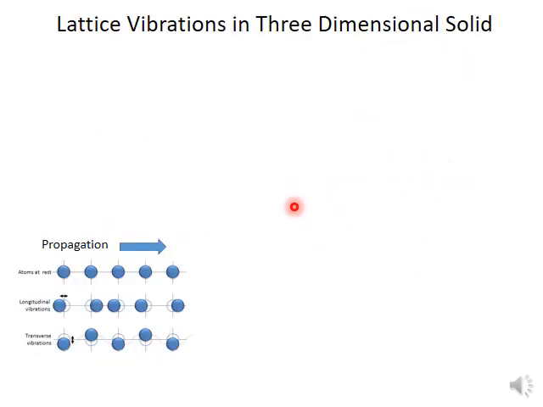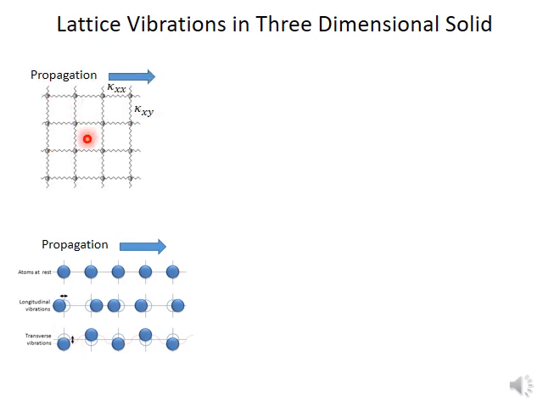We can extend this discussion to a three-dimensional solid. Let's look at the case of longitudinal and transverse vibrations in a three-dimensional solid, such that all the atoms are of the same type. If you look at a certain crystal, let's say a 2D representation of a three-dimensional crystal, and you have propagation of a wave in this direction, let's say the x direction.